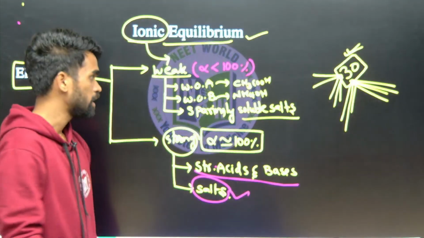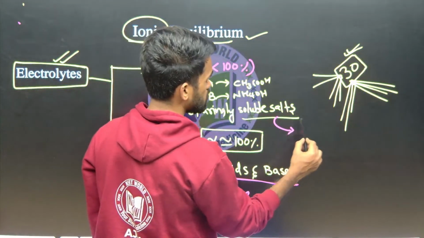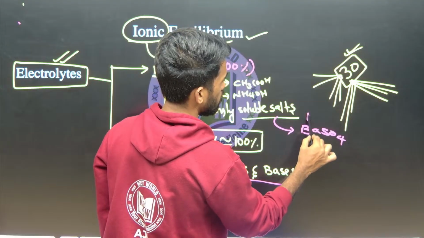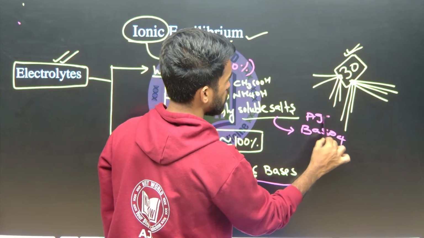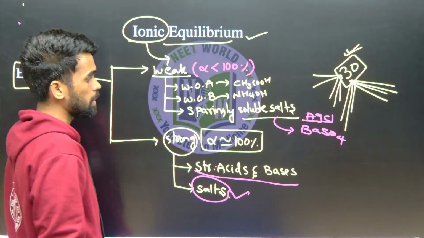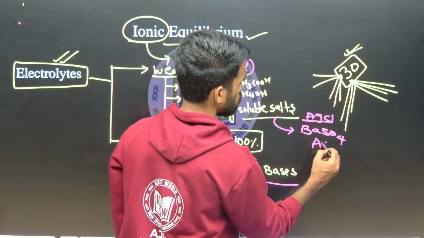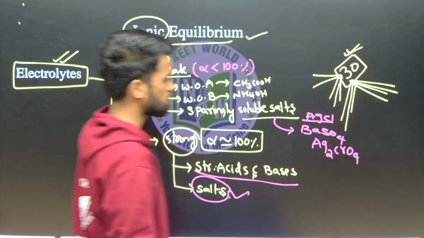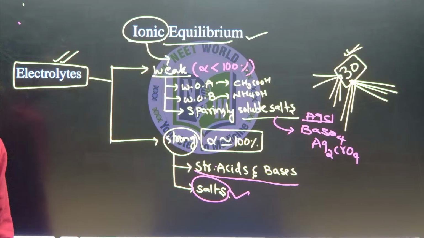Sparingly soluble salts like BaSO4, AgCl, AgBr, and Ag2CrO4 also come under weak electrolytes.